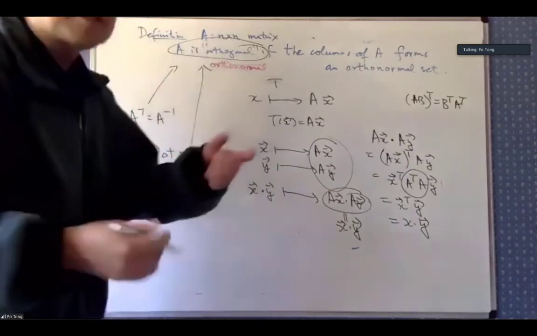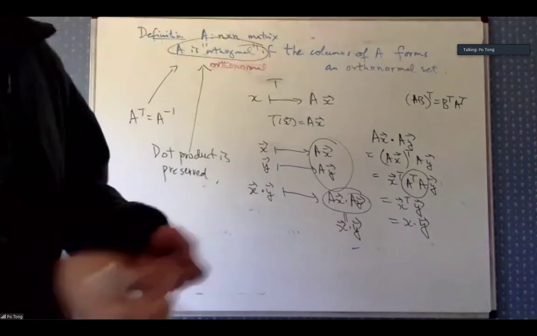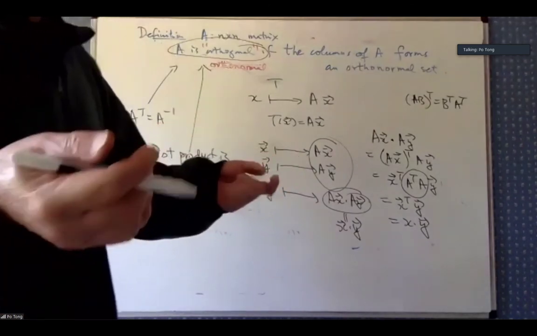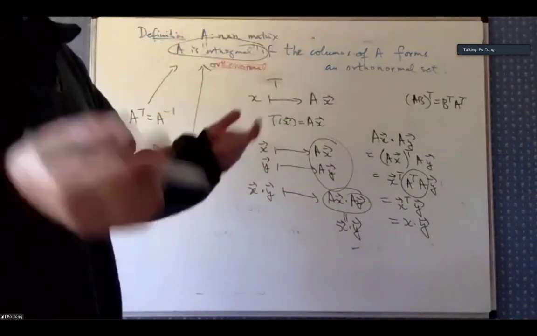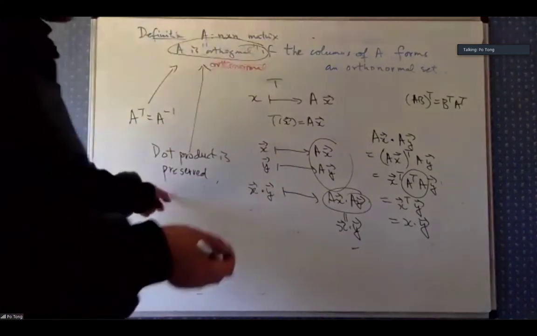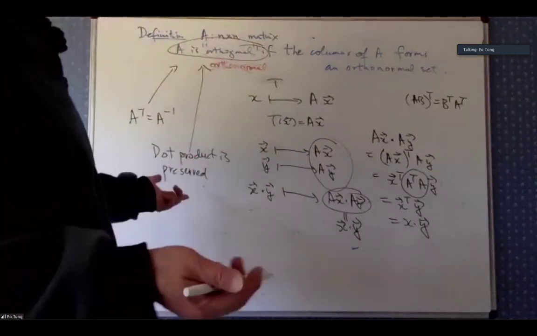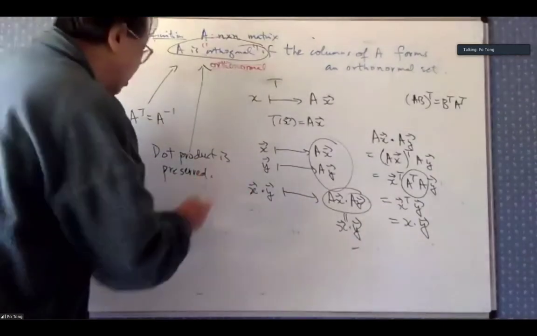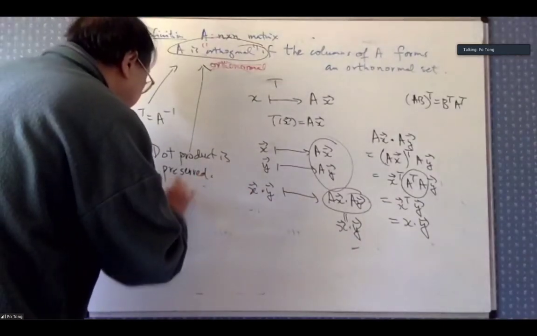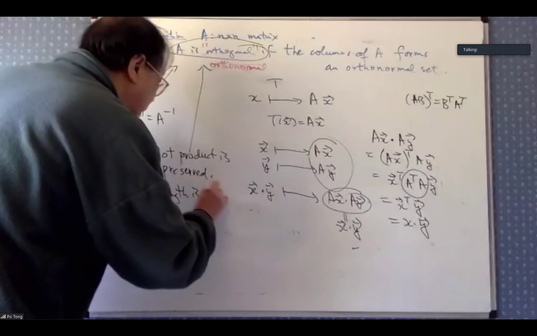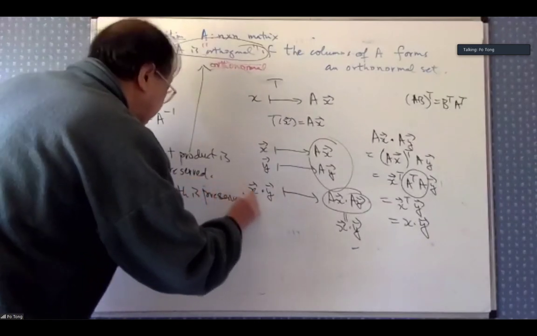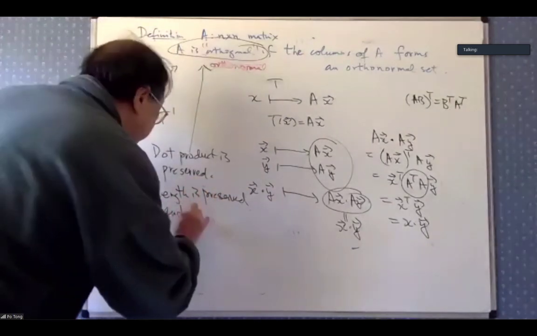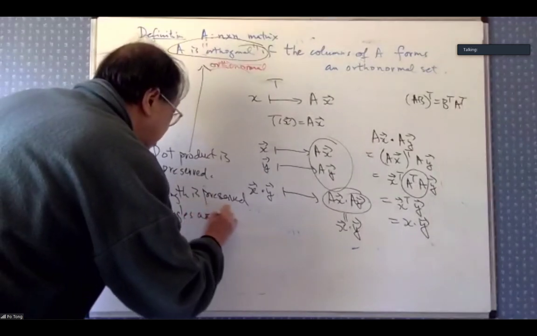That means the linear transformation doesn't change the dot product. It doesn't destroy the dot product. It's the same dot product as before. Because the dot product is preserved, length is preserved, and angles are preserved, which is really nice.